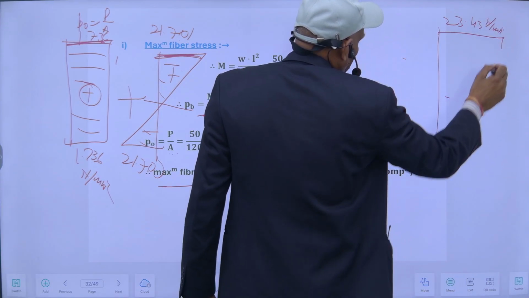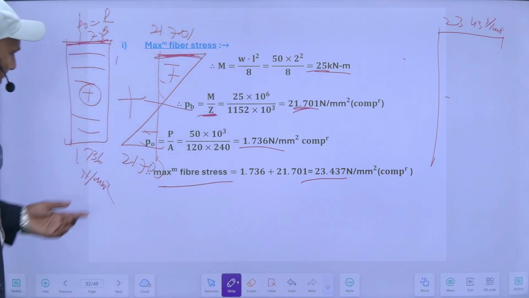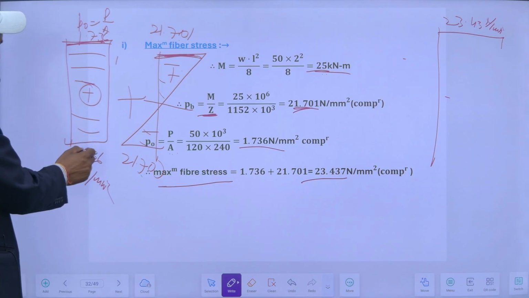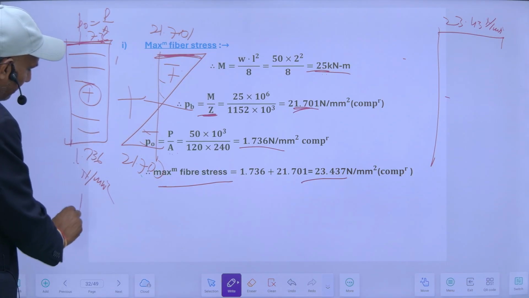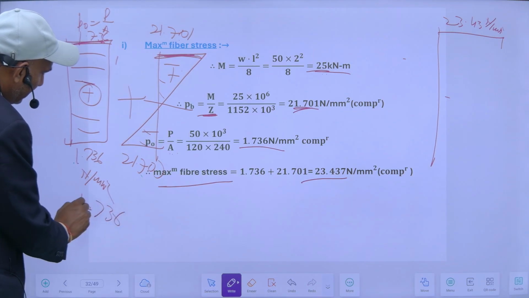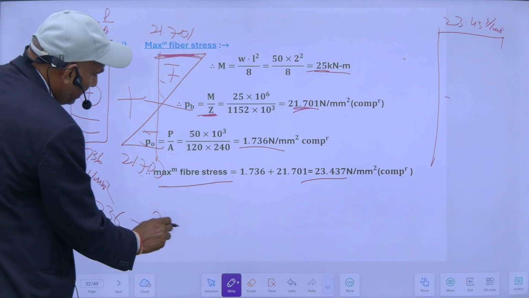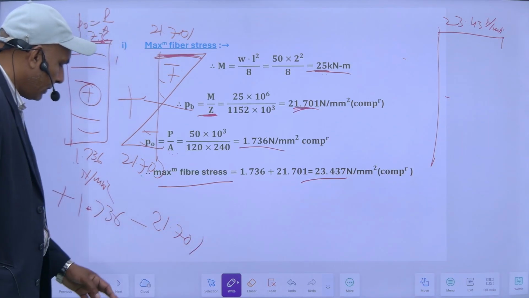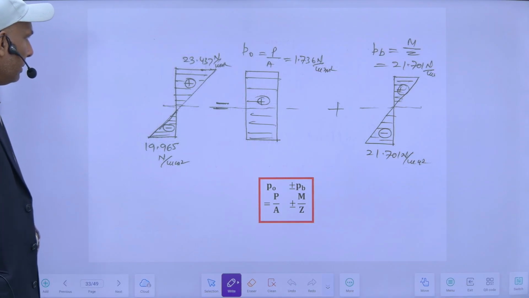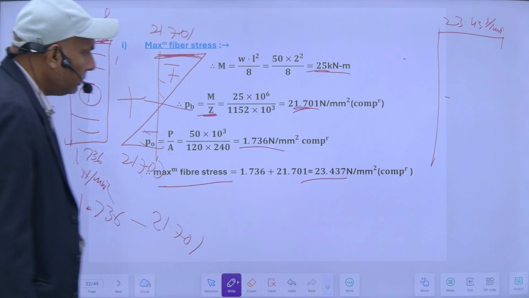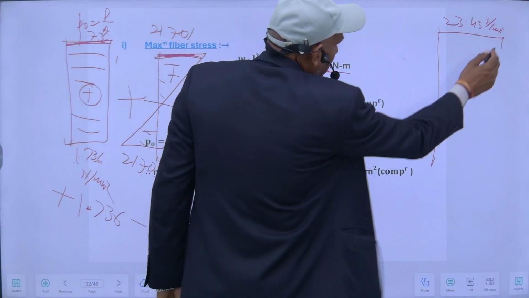So it will be positive, and on the bottom it will be this minus this. Since 1.736 is compressive and 21.70 is tensile, the value will become 19.965 in the bottom.